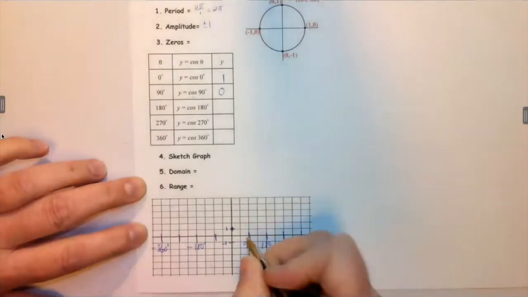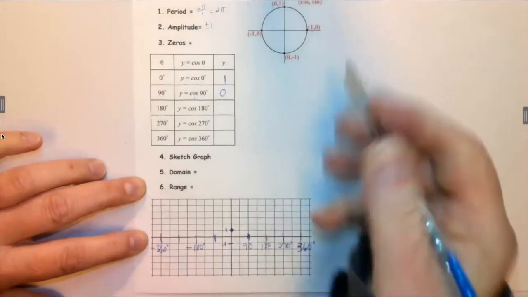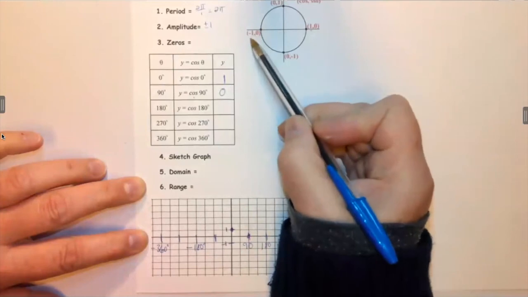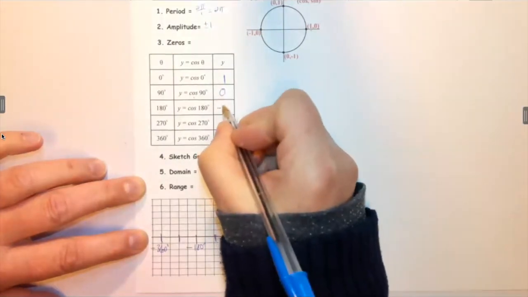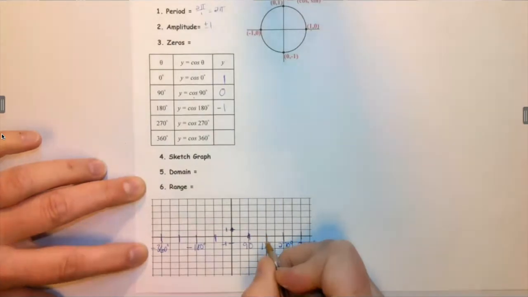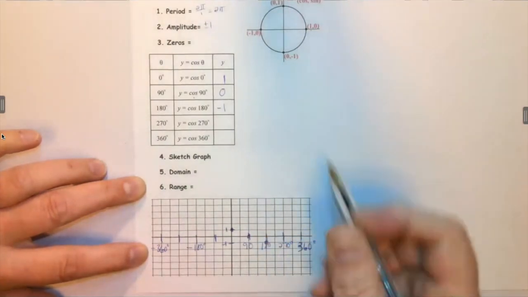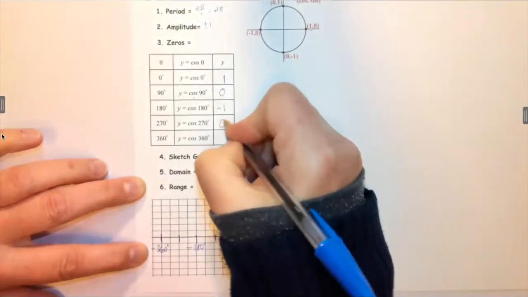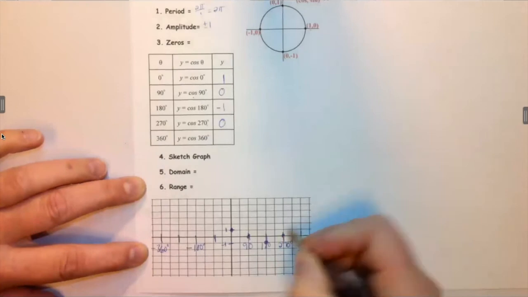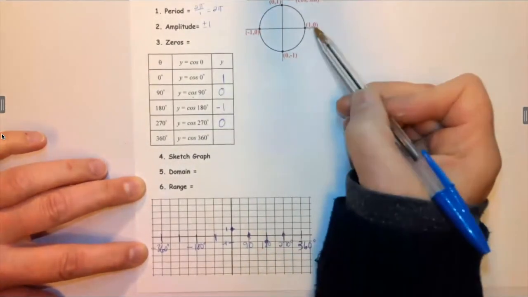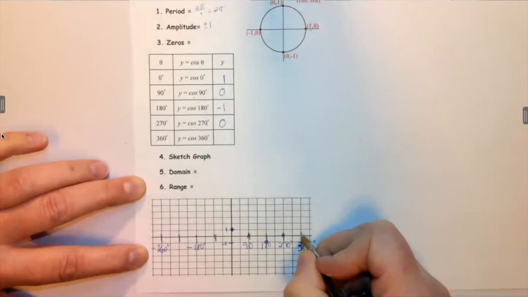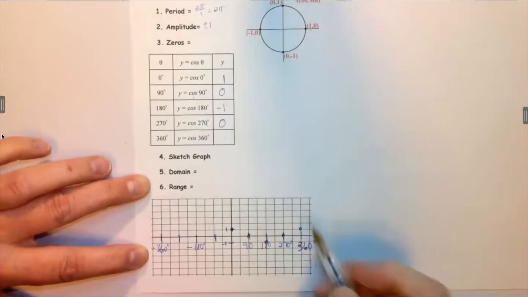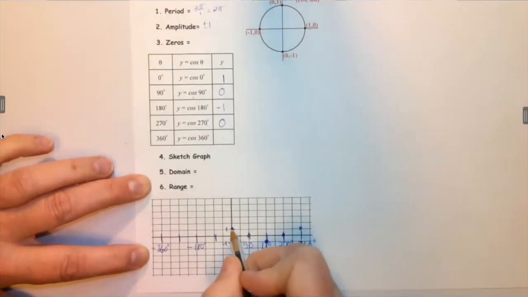Are you starting to see a pattern here? Cosine at 180 degrees. At 180 degrees, cosine is negative 1. At 270 degrees, cosine is 0. And at 360 degrees, cosine is back to 1. We are above.